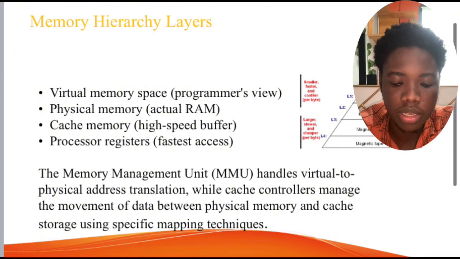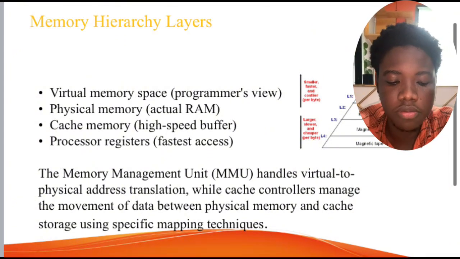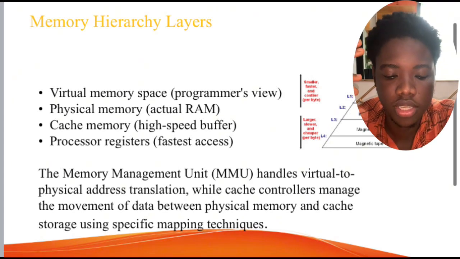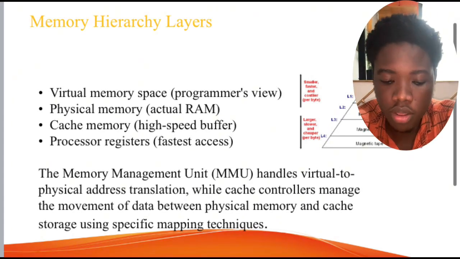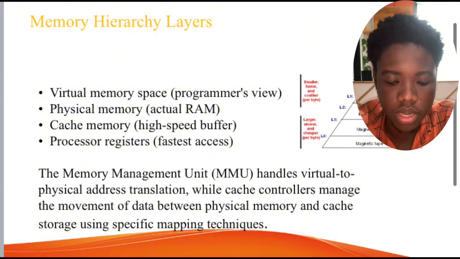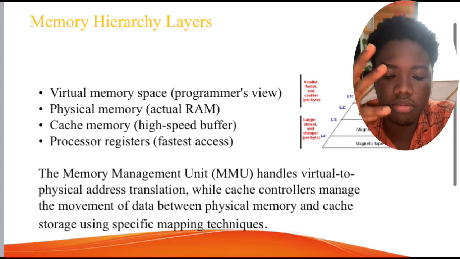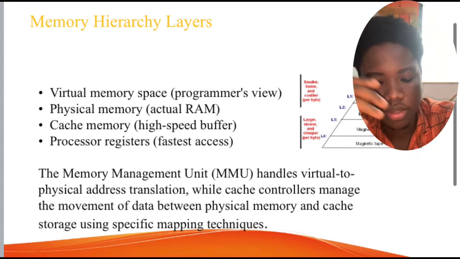The memory management unit, also known as the MMU, handles virtual to physical address translation, while the cache controllers manage the movement of data between physical memory and cache storage using memory mapping techniques.